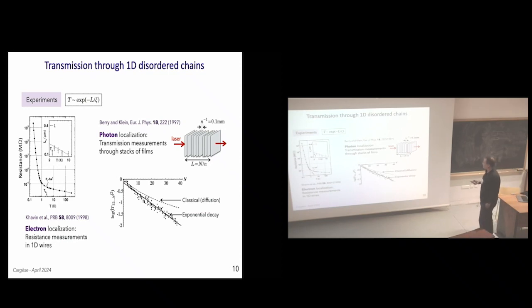And here, unlike the electron experiment where you cannot easily control the system size, they could directly observe this exponential decay of the transmission versus system size. Notice here that the classical prediction from diffusion is completely off.